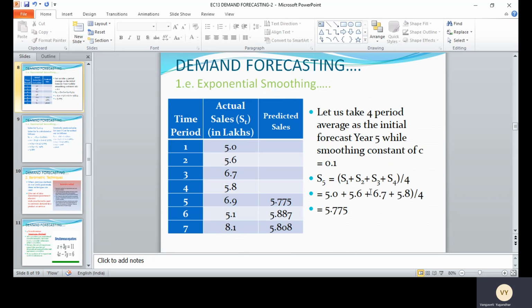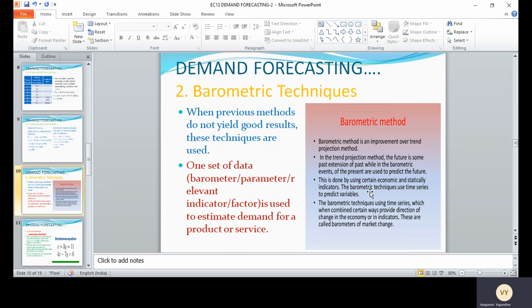So for the 5th year we got actual and predicted, and for the 6th and 7th years also, using the formula, we have calculated the predicted sales. That is how the exponential smoothing method is used while forecasting demand.